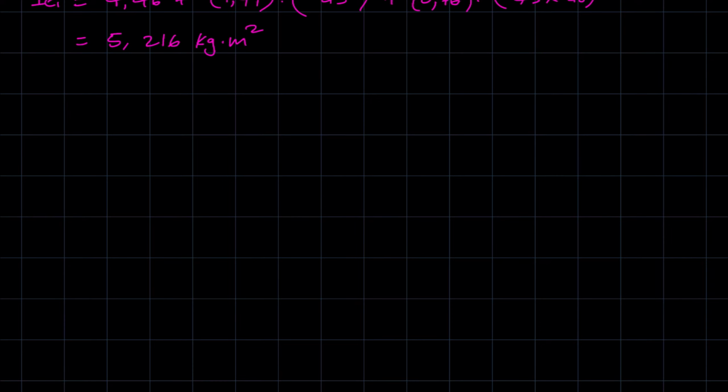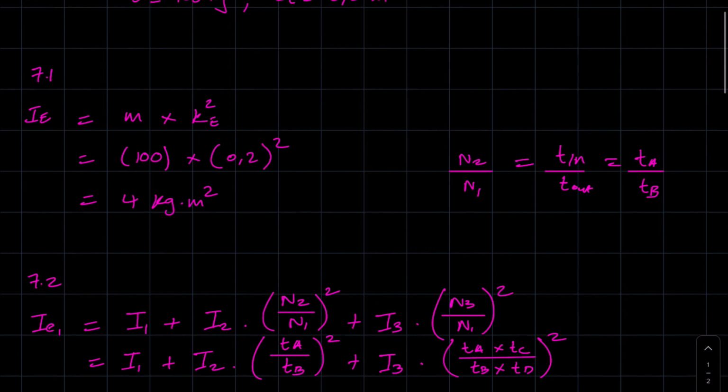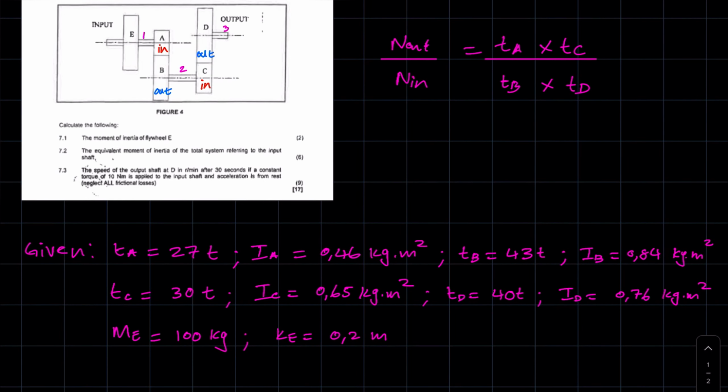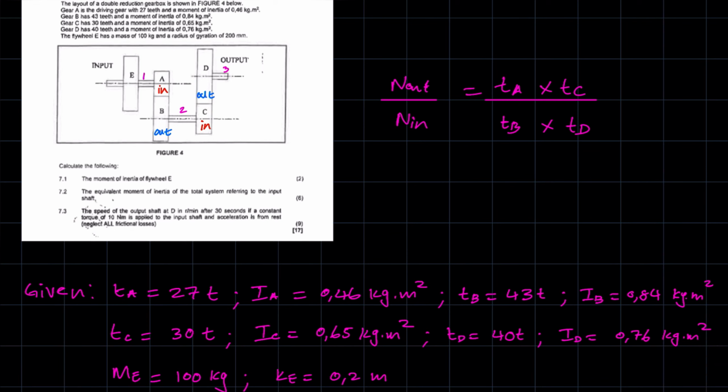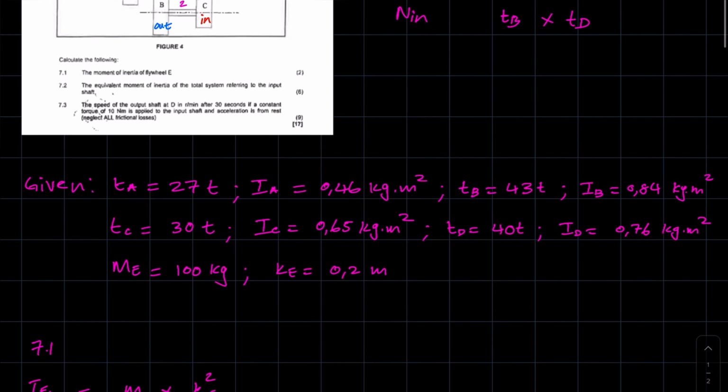Once you have that, we then use the gear ratio to calculate the angular acceleration of the output shaft. What we are looking for is N, the rotational frequency of the output shaft.